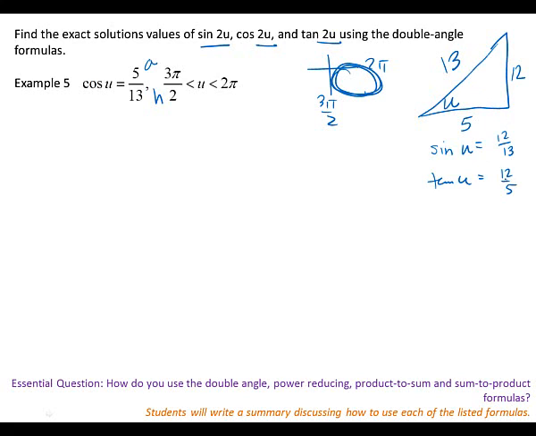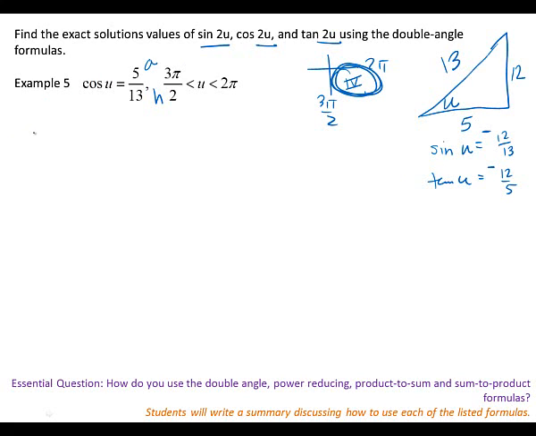Okay, now, there's a catch. What quadrant did we say we were going to be in? 4. Are sine and tangent values in quadrant 4 positive or negative? Negative. That's the orange ring of your unit circle, right? So I'm going to make both of these negative values. Okay? All right.